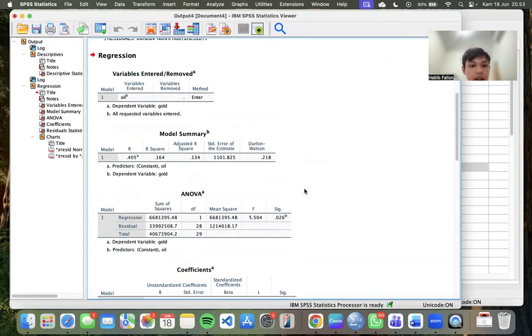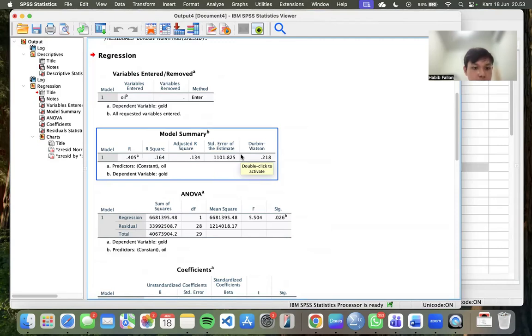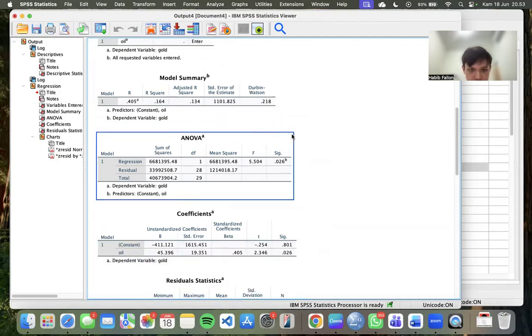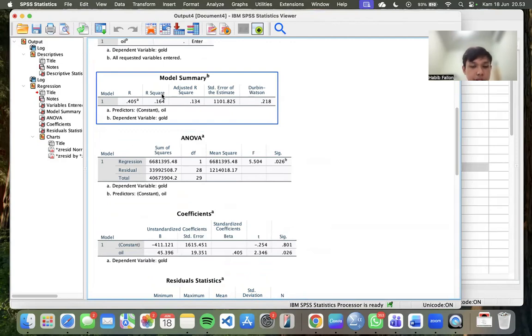This is the regression. First I will explain the model summary table. The R square value is 0.164, which means that 16.4% of the variation in world gold prices can be explained by world oil prices.